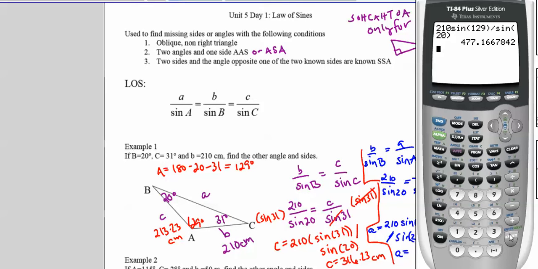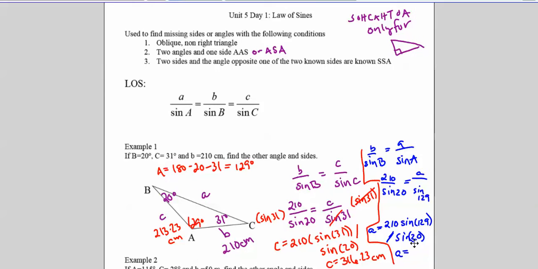Alright, so then I get that side A is 477.17 centimeters. Okay, so I think we accomplished our goal. We found all of the sides, we found all of the angles.